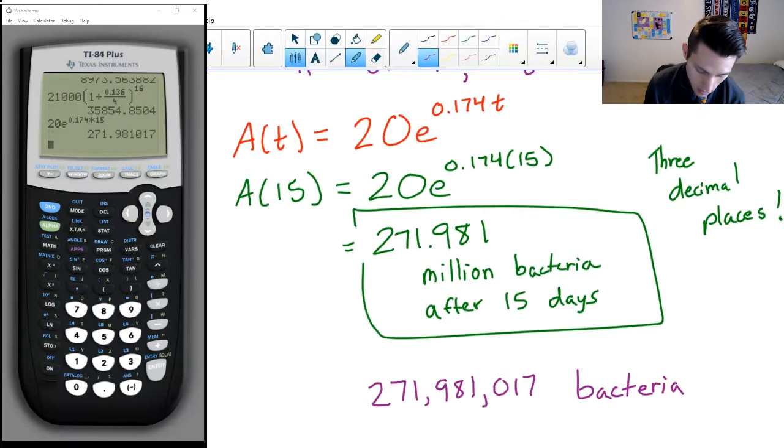You're already saying this number tells me 271 million, so I don't need to also write million bacteria after that. We do need to write the million here because we're writing it in a different way. But yeah, sure, you're free to do that. I just don't want to write out all those numbers because I'm lazy.